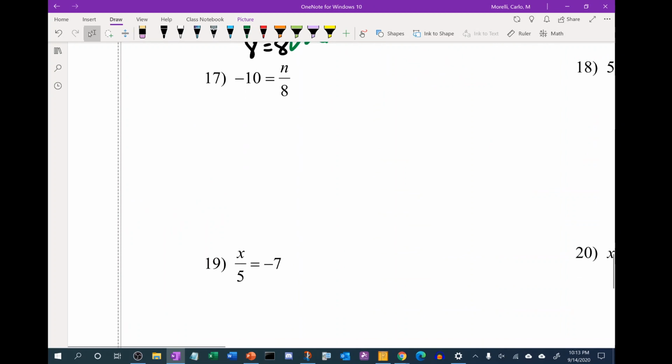Moving on. I've got negative 10 equals n over 8. Well, let's rewrite this as negative 10 over 1 equals n over 8. Okay? Well, definition of the reciprocal or multiplicative inverse. Remember the multiplicative inverse.